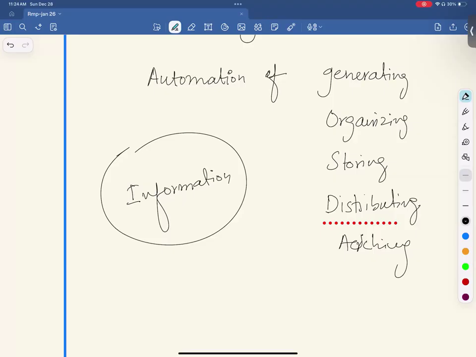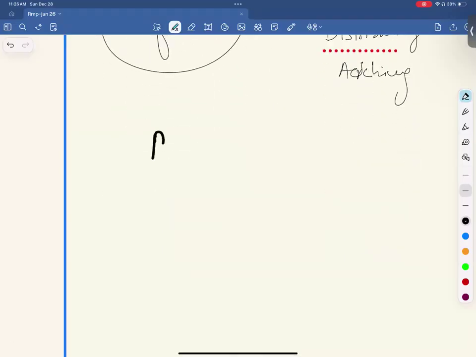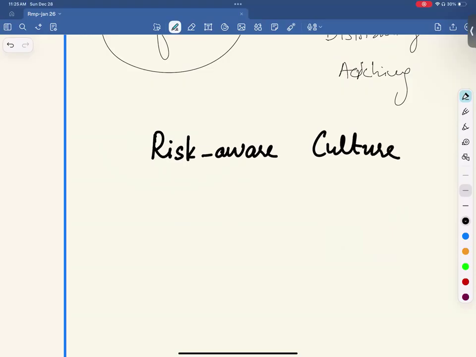Last thing before we jump into risk identification, we create a risk-aware culture. I asked you to do an assignment yesterday, and I only received one response. The assignment was to analyze the current risk structure in your organization and tell me what kind of structure you have.